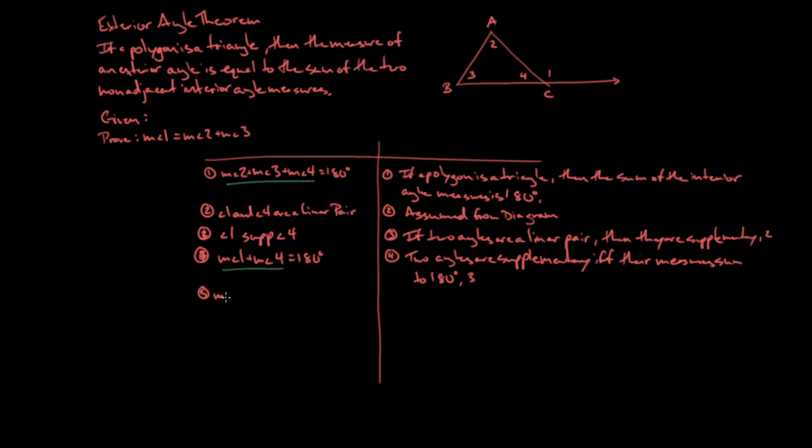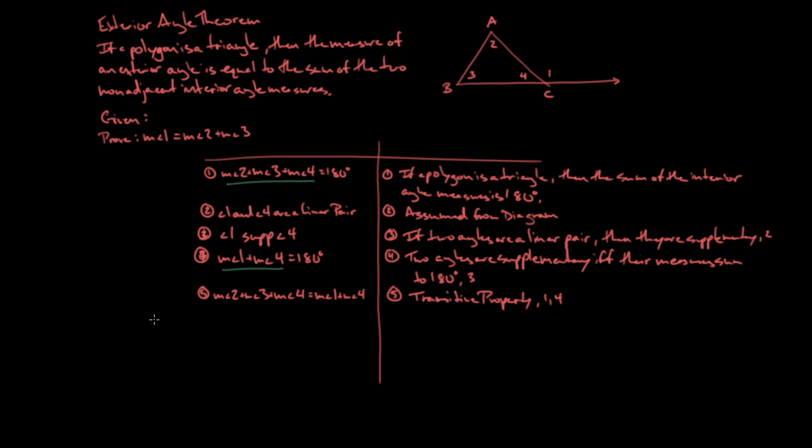This will be the measure of angle 2 plus the measure of angle 3 plus the measure of angle 4 is equal to the measure of angle 1 plus the measure of angle 4. That's 5. And so that is just the transitive property. If 2 things are equal to the same thing, they have to be equal to each other. Transitive property. So that comes from the 2 things I connected, statements 1 and 4.